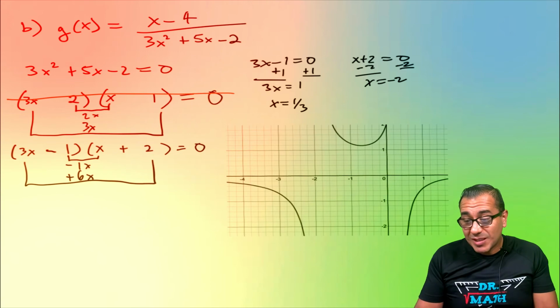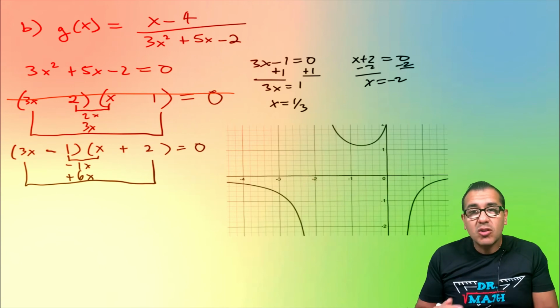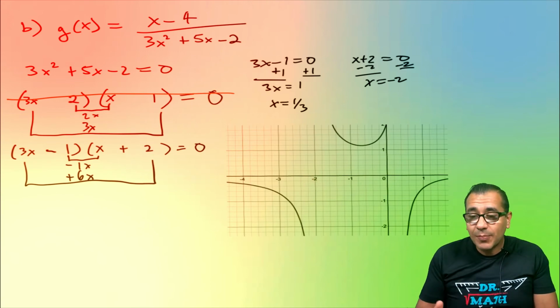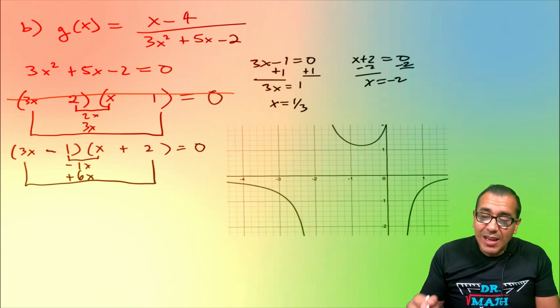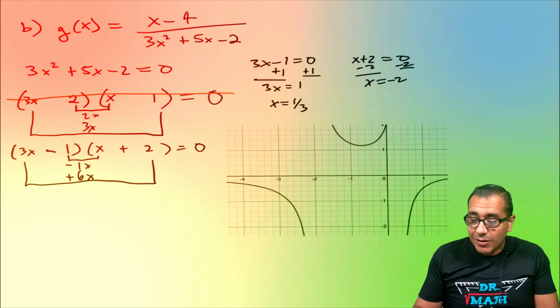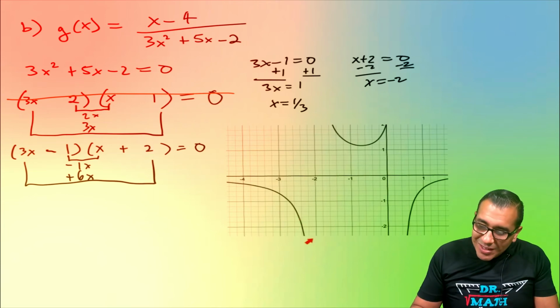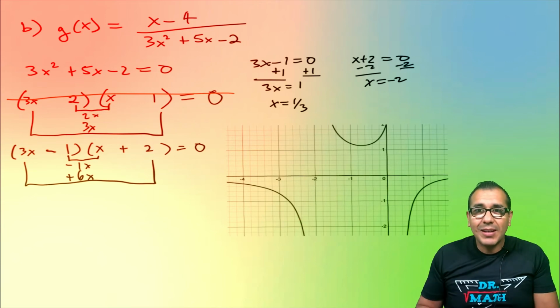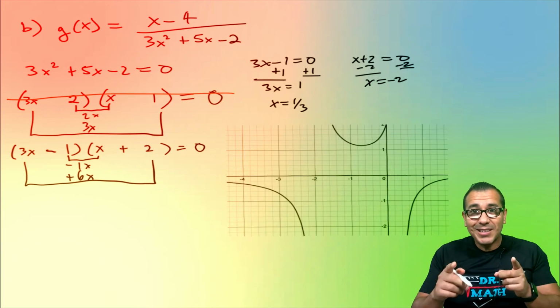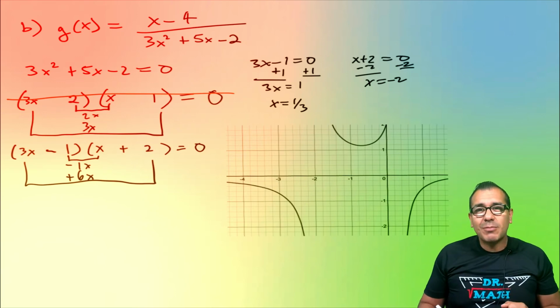If you wanted to see what's happening to the left of negative 2, try negative 2.1. You plug that into your function, and what you would see is that you're going to get a big negative number telling you this function is going to go down to negative infinity. It's that easy, folks. Does that make sense? All right, follow me to our last problem.